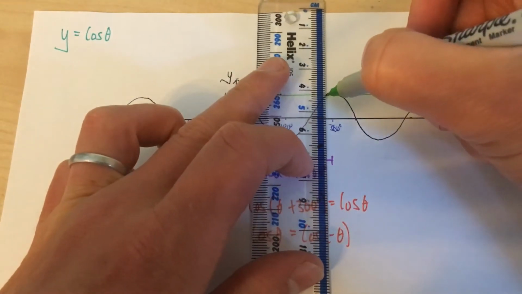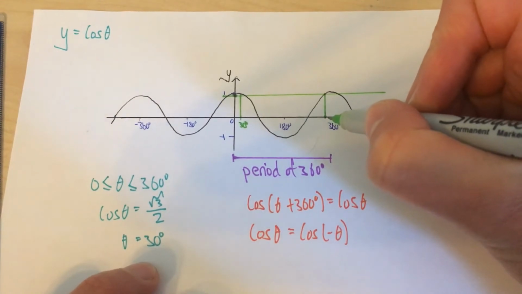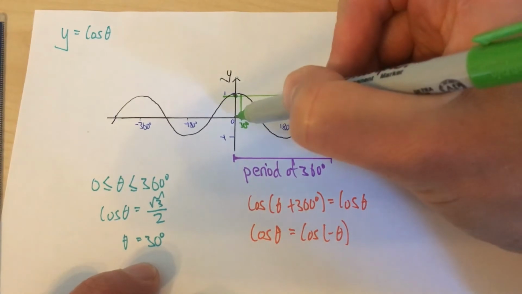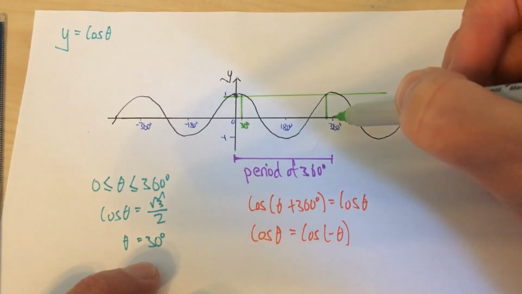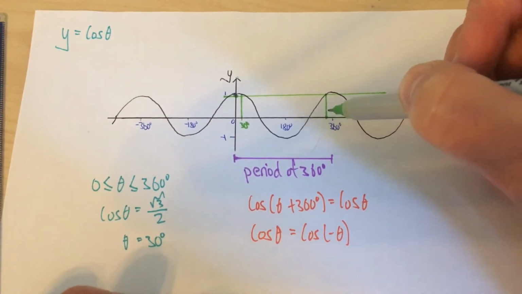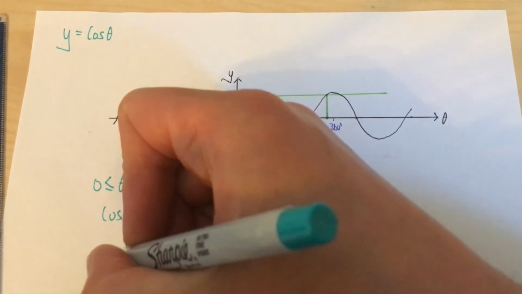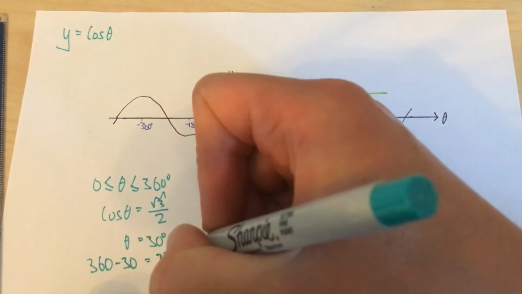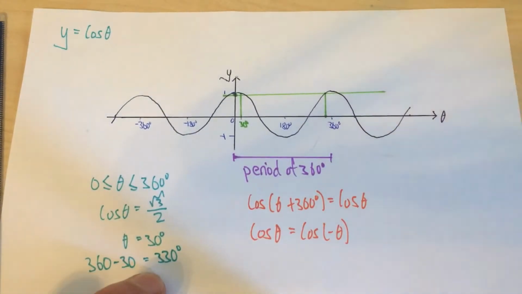I'll draw a line down there, and what we're trying to do is find the value of the degrees here. Because of the symmetry of this graph, this from 0 to 30 is 30 degrees, and this from 360 to our unknown value is also 30 degrees. So to find a second solution, I can do 360 minus 30, which gives me 330 degrees, and that is also a value for theta.